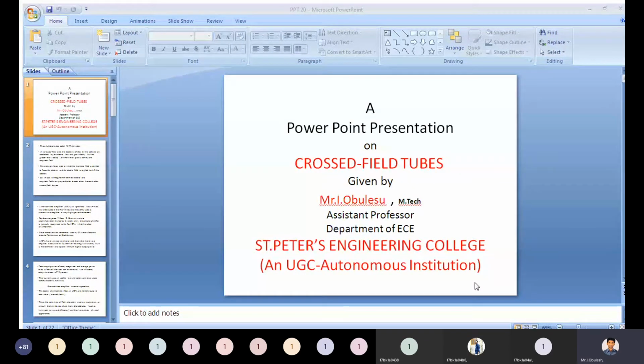Another form of magnetron tube is the split anode magnetron, which was invented by Albert Hull of the General Electric Research Laboratory in 1920, but it achieved a frequency of only 30 kilohertz.